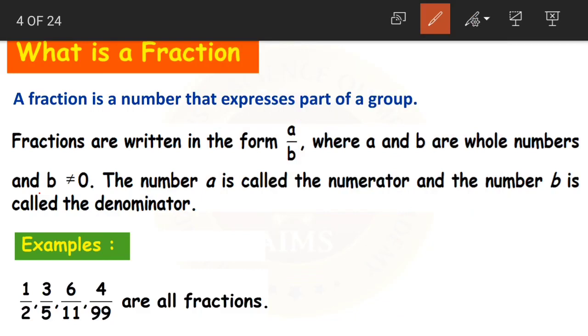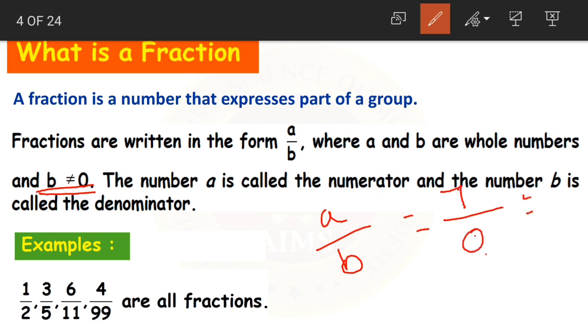Another important point to remember is that b is never equal to 0. In the fraction a by b, let us take 7 as a, and what happens if we take 0 as b?